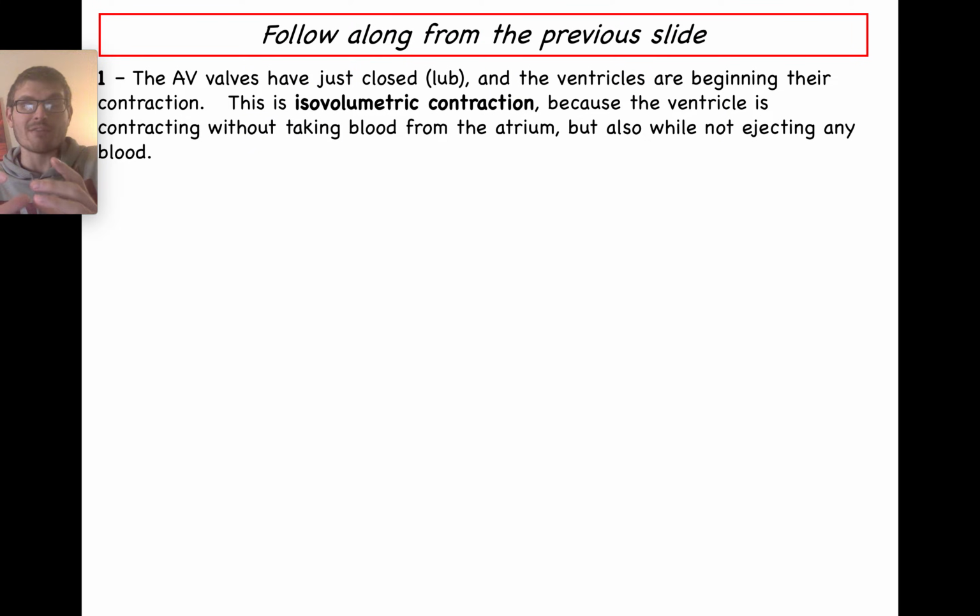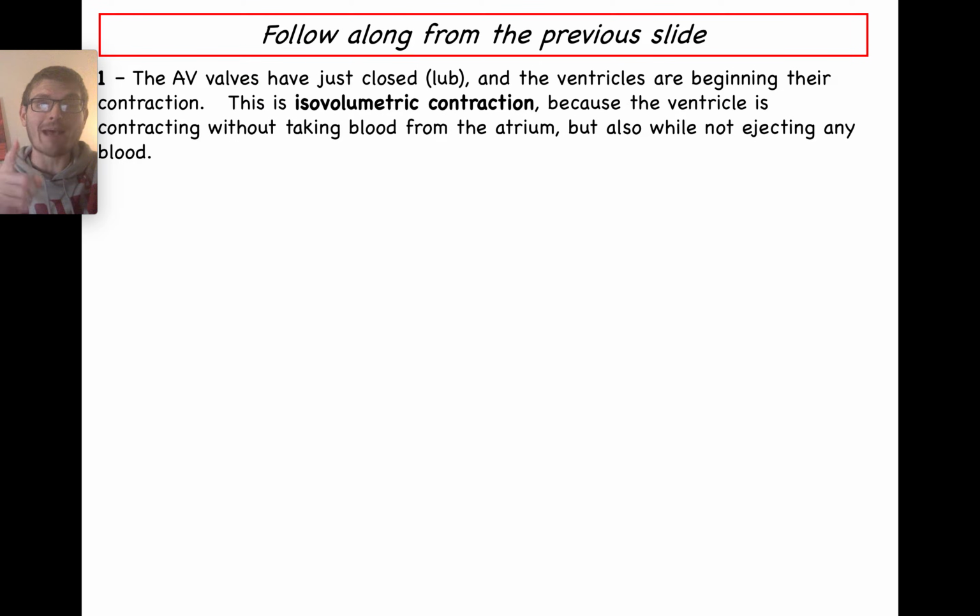But the pressure in the ventricles is not quite high enough to push that blood out into the arteries. So the semilunar valves are going to be closed as well. The other very important implication of the word isovolumetric is that it means both sets of heart valves are closed. The AV valves have just closed and the semilunar valves are still closed.